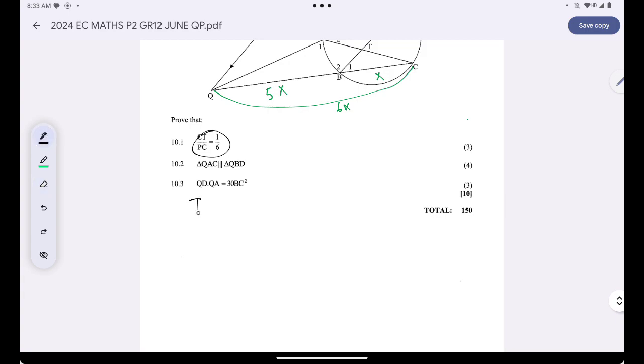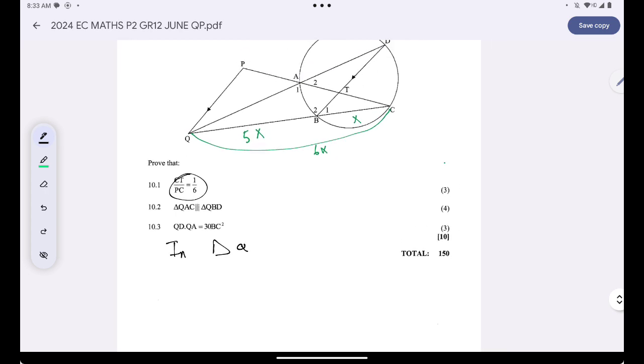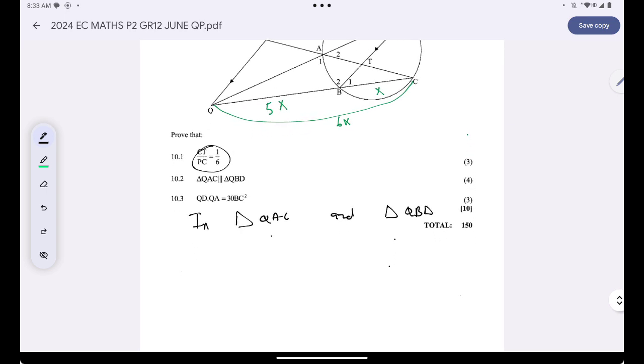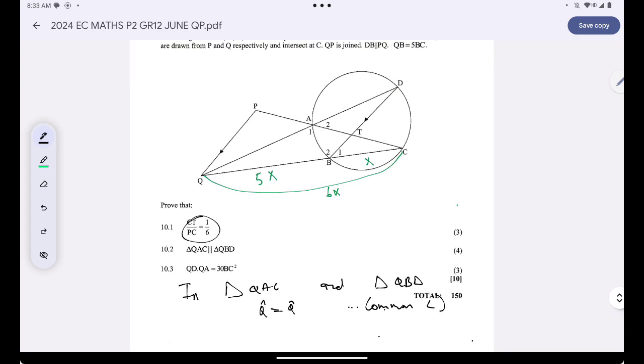I'll simply say in triangle QAC and triangle QBD, angle Q is there in both of the triangles, so this will be the common angle in both triangles, right?